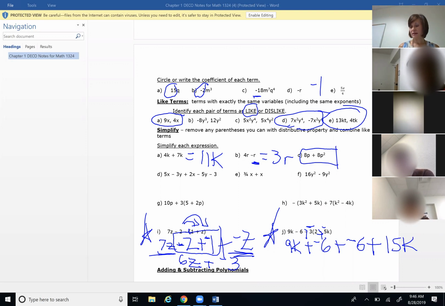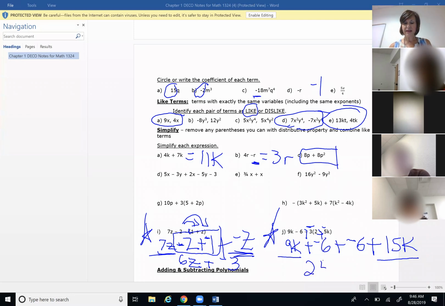We good? Okay, so what happens when you put like terms together here? I put this 5K and the 9K together. Remember, any sign that's in front of a number is going to stay with the number. So 9K plus 15K is? 24K.